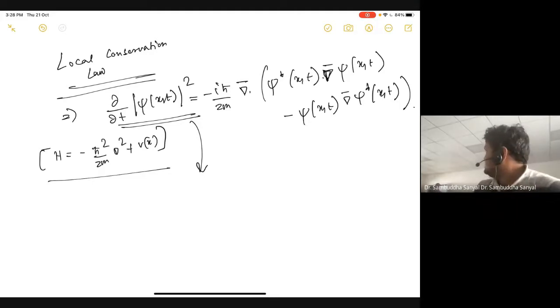Is it time? Yeah, just 2 minutes. So this thing is the local probability density.